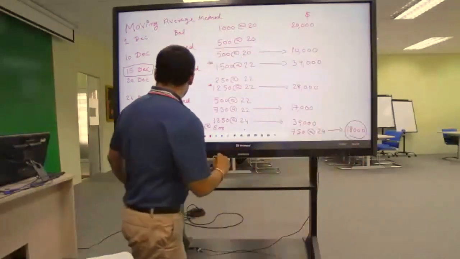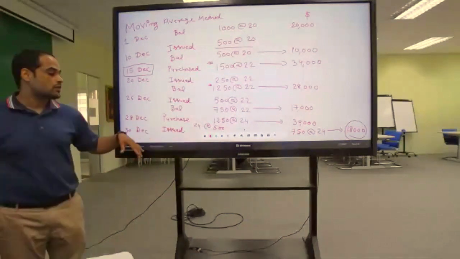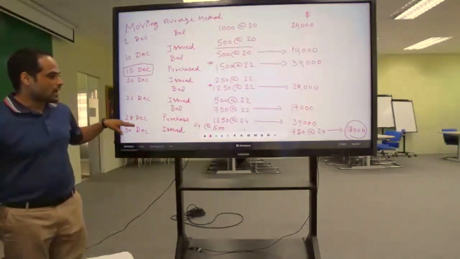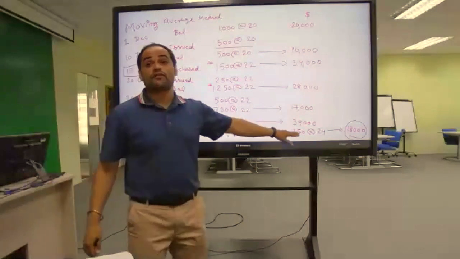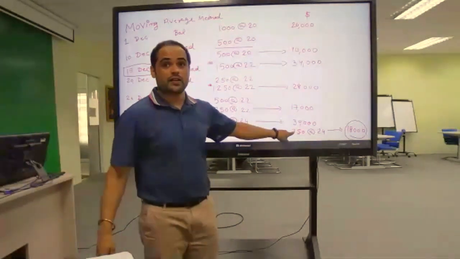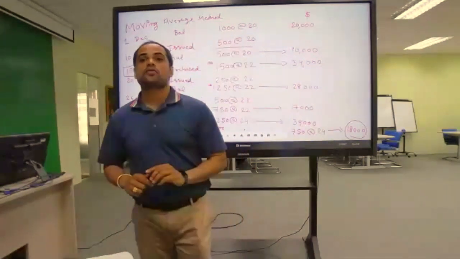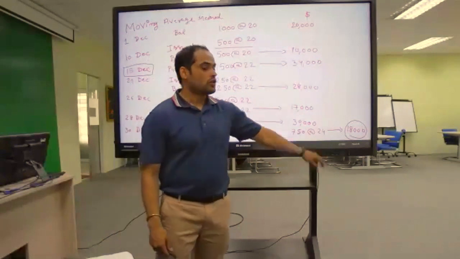So what does it mean? At the end of 30th December or 31st December, your balance will be 750 as per question, and the value of this 750 will be 18,000 at the rate of 24.